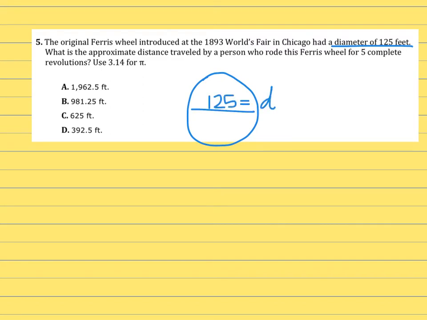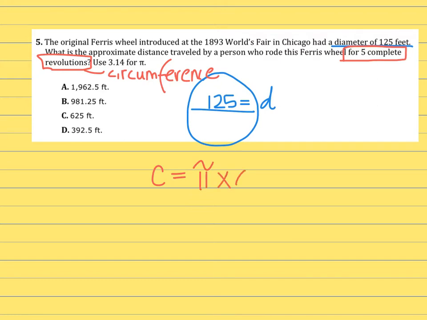And it says somebody rode it 5 complete turns, 5 complete revolutions. So they're going around 5 times. And they're going on the outside. So revolution means you need to find circumference. And we have done circumference many times in this video. It's just pi times diameter.